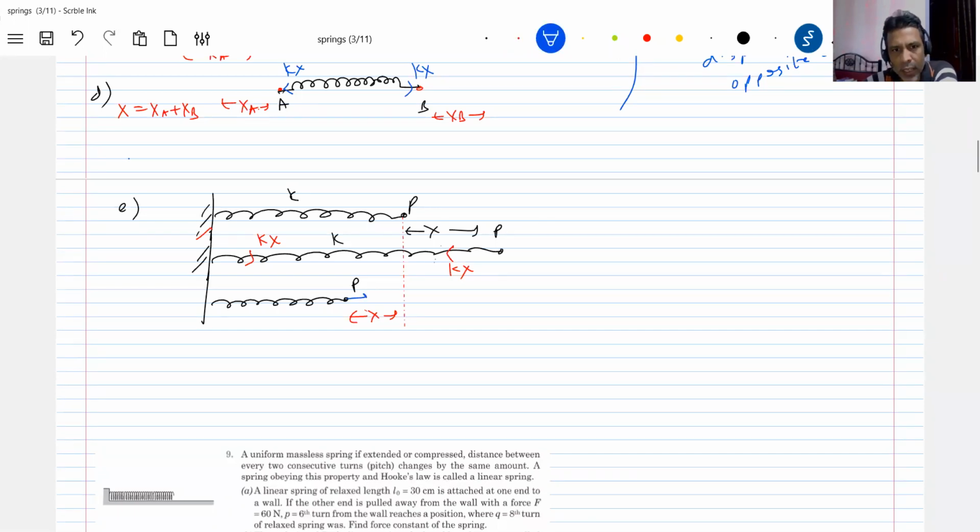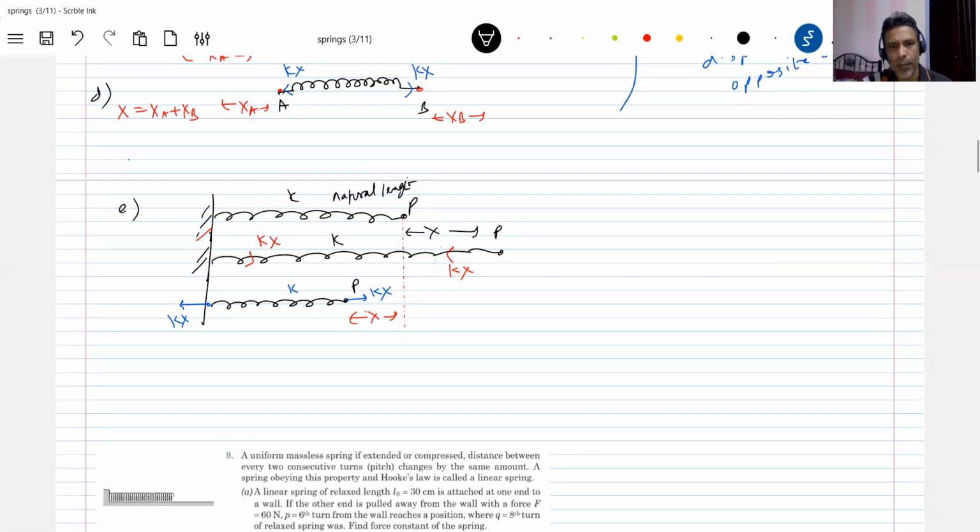Spring force now will act in this direction. Now what you should call this spring? The first one is natural length. This is elongated and this particular thing is compressed. You do come across situations like this here.